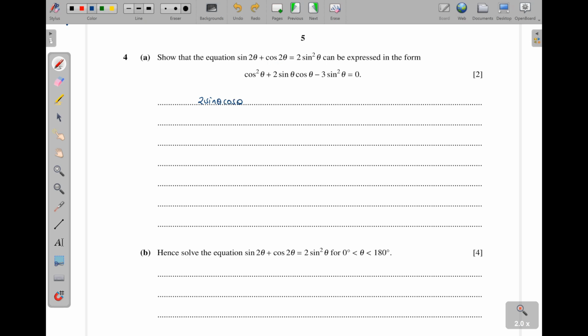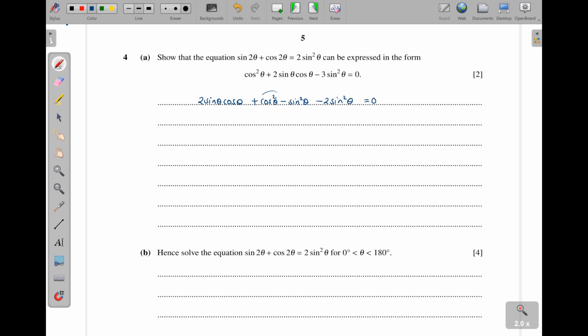Then this one is cos squared minus sine squared, plus cos squared minus sine squared theta. Then this one I can actually bring on the left side, and then I have minus 2 sine squared theta, which is equal to 0.